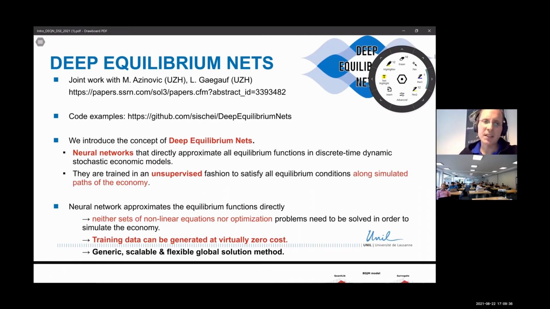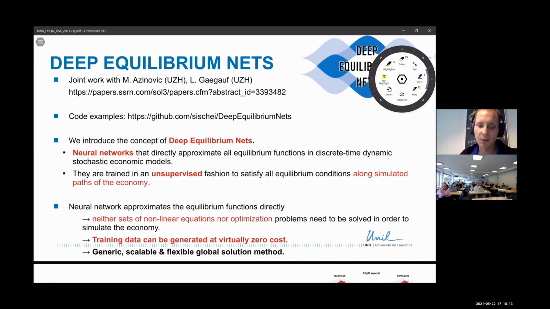And I will get to the point, but the method that we designed here, deep equilibrium nets, deals with that relatively well. So it can deal with nonlinearities, and it can deal well with irregularly shaped state spaces. And the last thing is, as you will see, and this is really the cool thing, which I like most, we do not need to implement a numerical solver anymore.